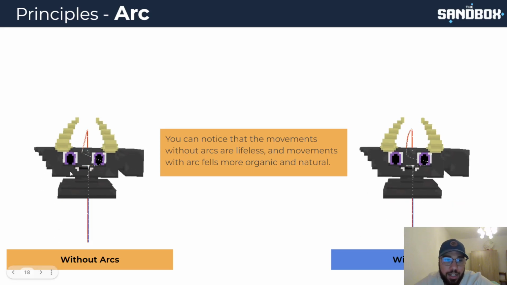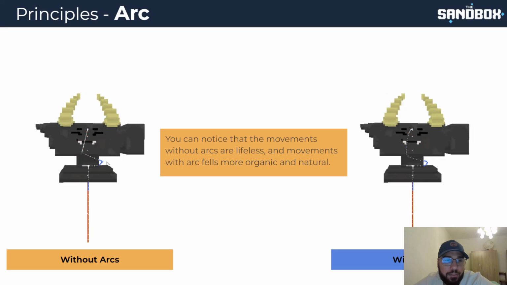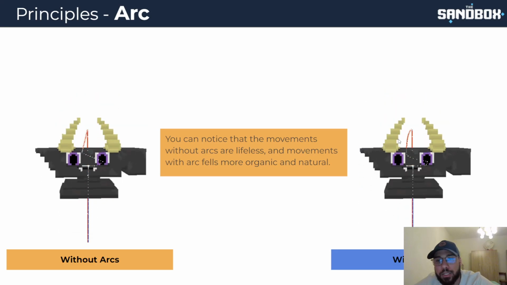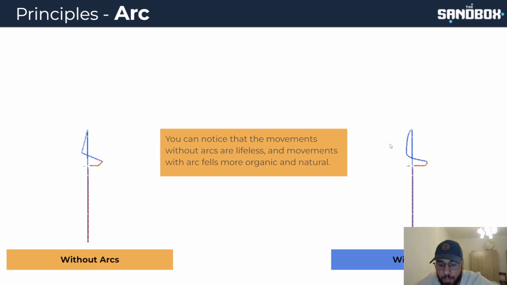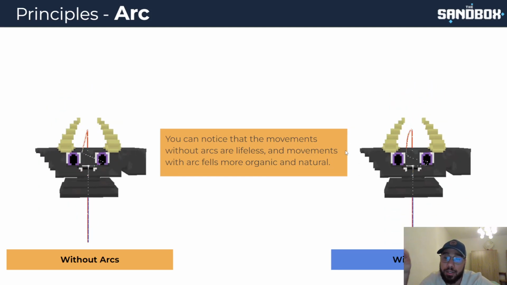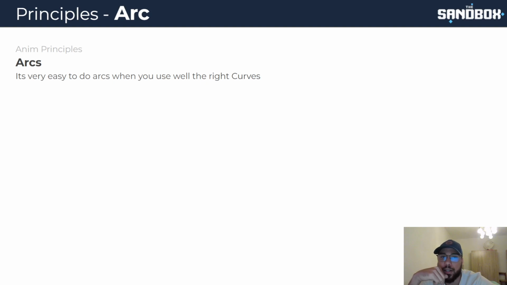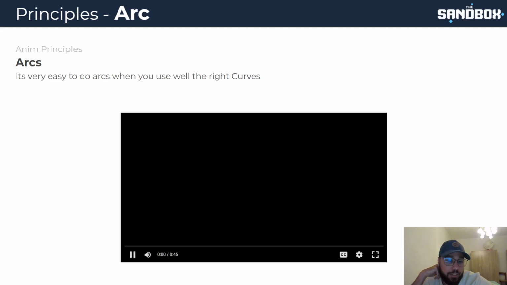Here it's sharp and here it's polished. It's a small difference because here you don't have really big arcs, but you see the difference in another example.